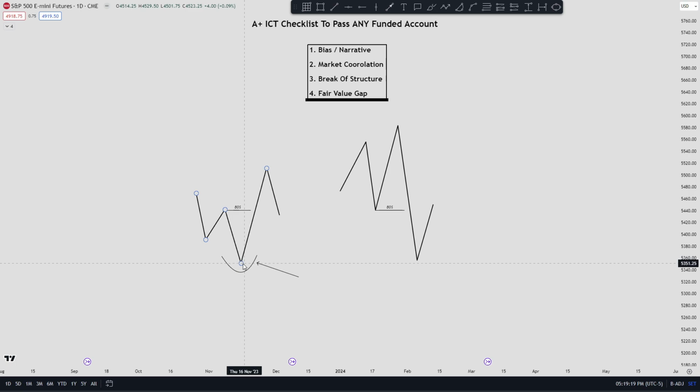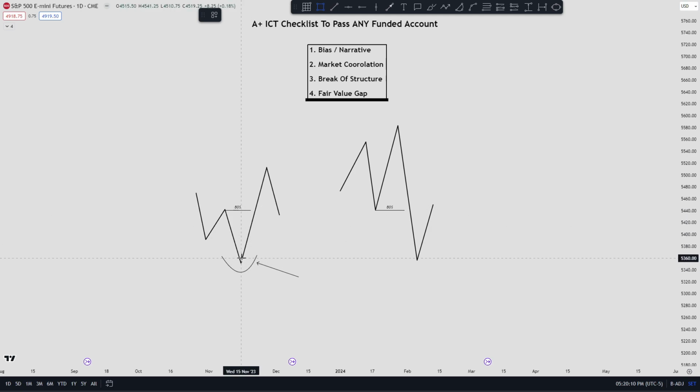So if we have an impulse leg here where it goes higher, market is going to want to come back down into that impulse leg, because it left an inefficiency of sellers and an imbalance of buyers, meaning the market just bought higher. There was no selling as price went higher, so the market is going to want to come back down to offer those sellers a position, and that's a fair value gap.